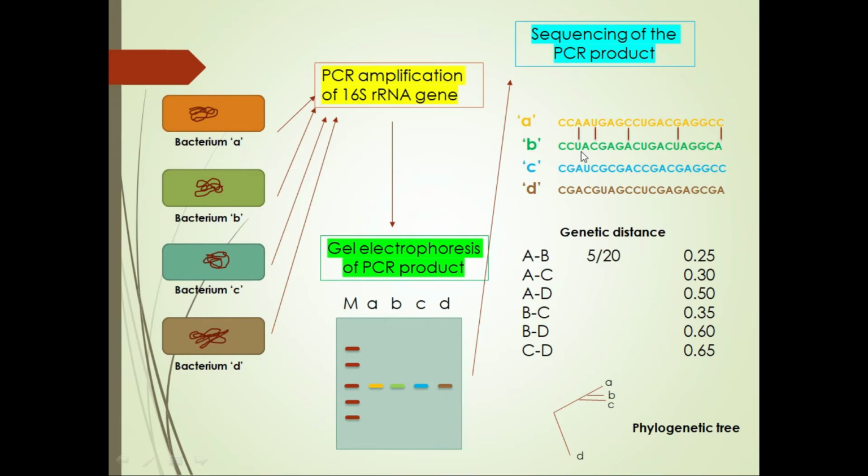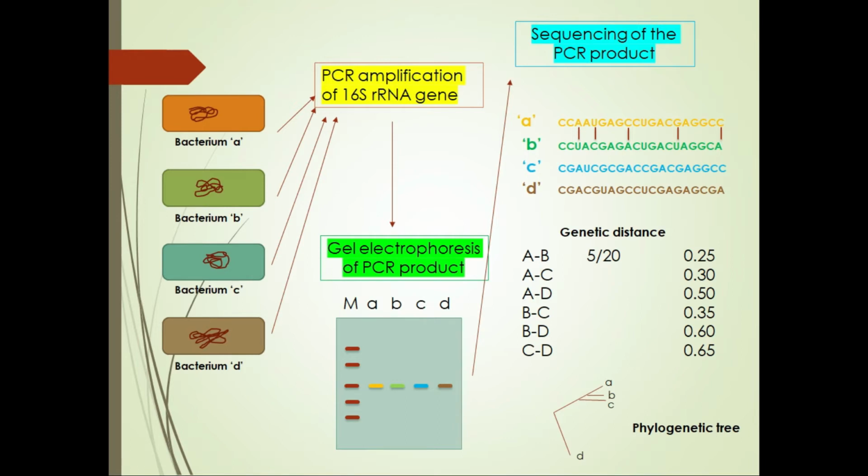From B also we got a 20 nucleotide long DNA sequence, and C and D also. In fact, this is just an example. The length of the gene actually is much more than what is shown here. Just for demonstration, we want to see how these bacteria differ from each other genetically.